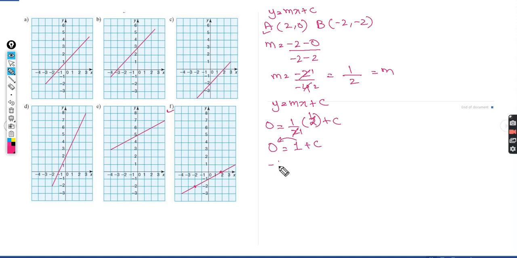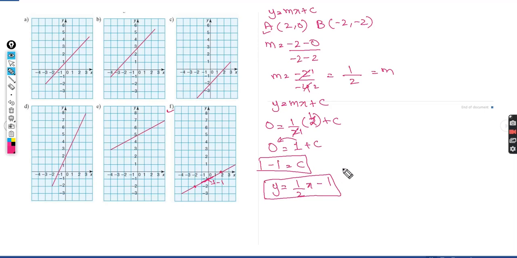When 1 goes to the other side it becomes negative 1 equals c. Notice that our line is also crossing the y-intercept at negative 1, which means our c is absolutely correct. Let's write the equation once again without the point now. So y equals m, which is half, x minus 1. So the equation of this particular line is y equals half x minus 1.